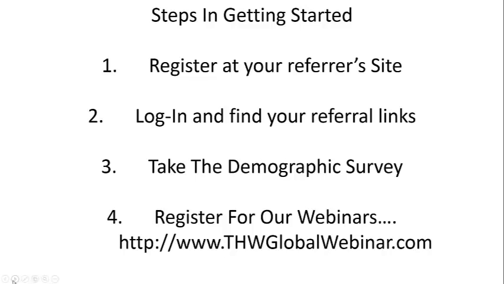And so we're going to share with you the type of training that you would expect if you paid $5,000, $10,000, maybe $20,000 for a mastermind training on how to build out a network, how to build out your business, and so on. So that's going to be on Thursdays, and once you register once at thwglobalwebinar.com, you're registered for both our Tuesdays and our Thursdays.